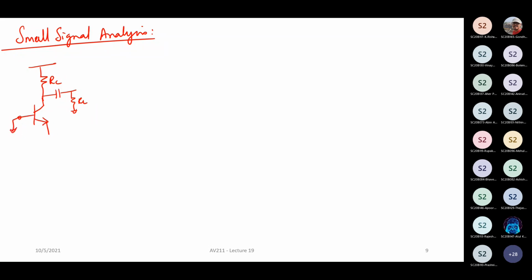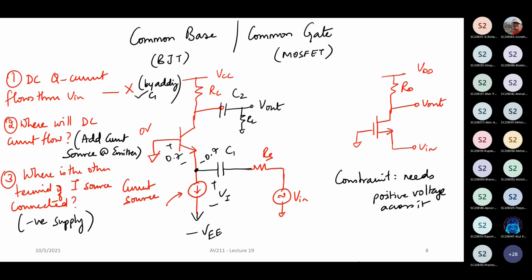Now the thing is, before I redraw it, suppose you have only a unipolar supply. That is, you have only VCC and ground. Okay. Now, how will you modify this circuit?